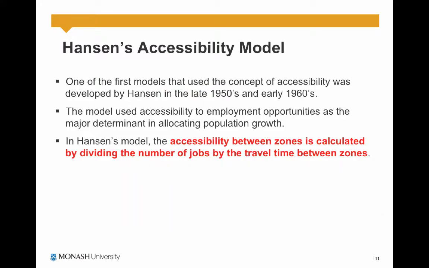In Hansen's accessibility model, which was first developed in the 1950s and 1960s, we look at accessibility to employment opportunities as a major determinant in allocating population growth. In Hansen's model, the accessibility between zones i and j is calculated by dividing the number of jobs by the travel time between the zones.